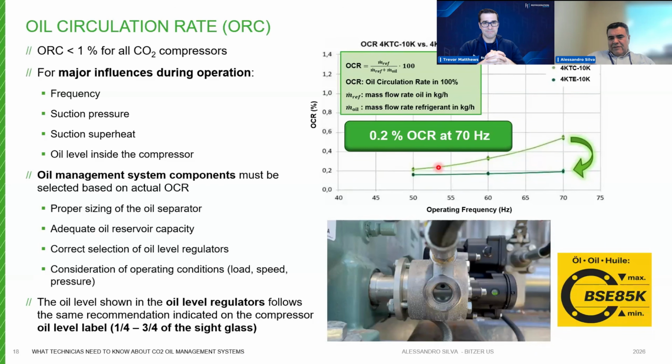So we have an even lower oil circulation rate. But of course, in terms of application in the field, it is the responsibility of the system manufacturer to do well with the piping lines, calculate the proper velocities to bring the oil back, avoid excessive pressure drops, things like that.